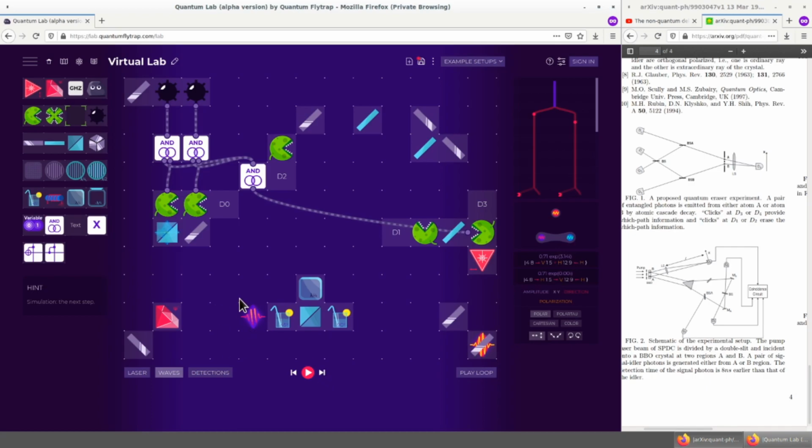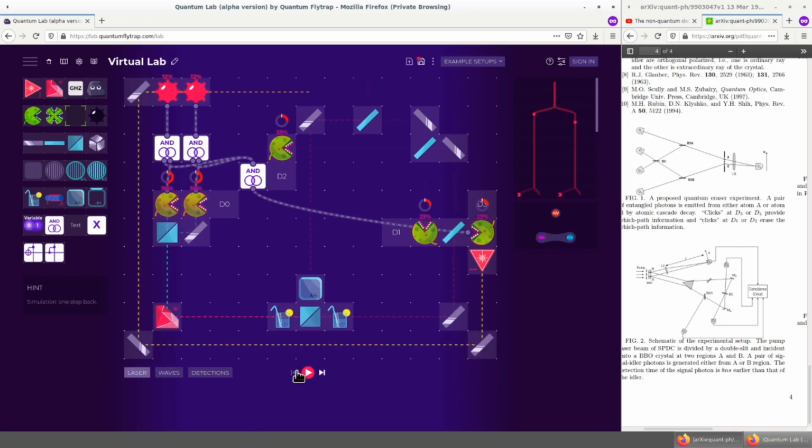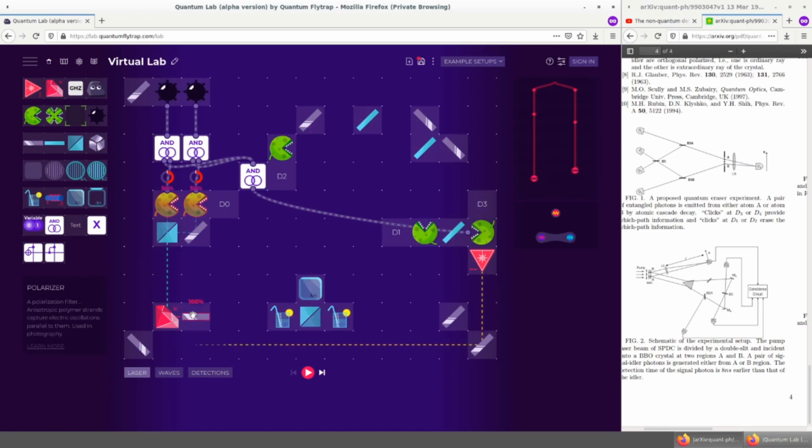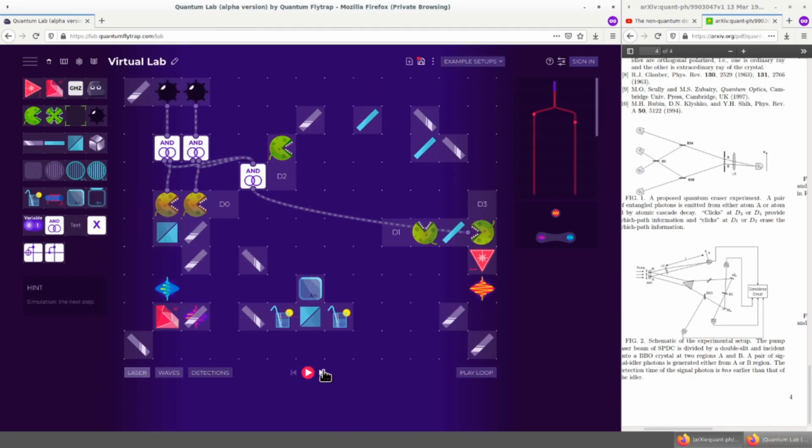Now, in order to really clearly show this, I need to increase the delay until this photon gets here. So I'm just going to rearrange things a little bit. Just put a little bit more delay. So that we can see, if I step far enough that the signal photon has hit D0, the state of the idler photon is in a definite polarization.